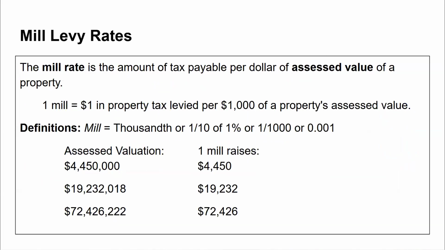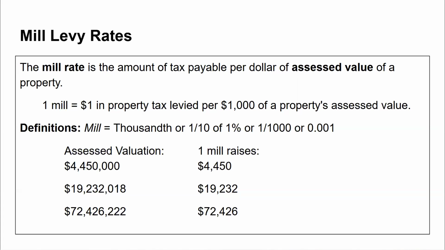So mill levy rates, what is this? What are we talking about? The mill rate is the amount of tax payable per dollar of assessed value of a property. So the mill rate determines what percentage of that assessed valuation total is needed to fund the library's budget, minus those other taxes and sources of revenue.